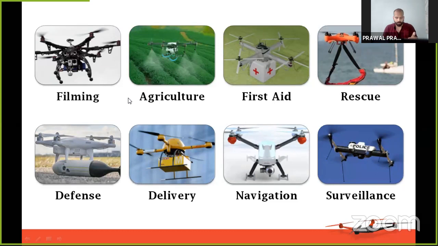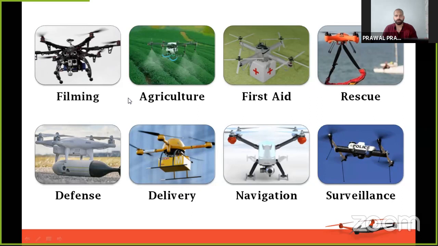With the help of that camera, a doctor is sitting remotely. He will suggest what to do, and till the ambulance reaches, you can do something at least using that first aid kit with the help of that drone. That's how these air ambulances are working. Similarly, they are working for rescue.